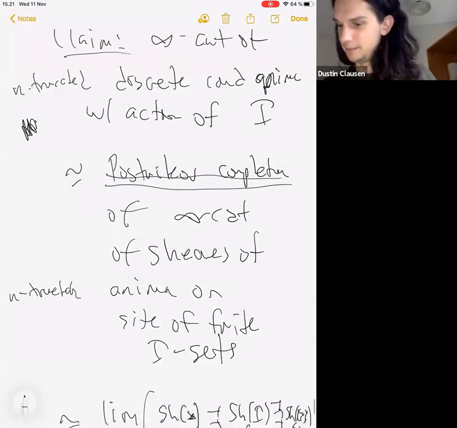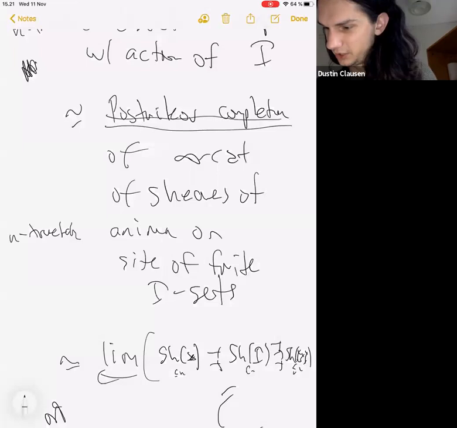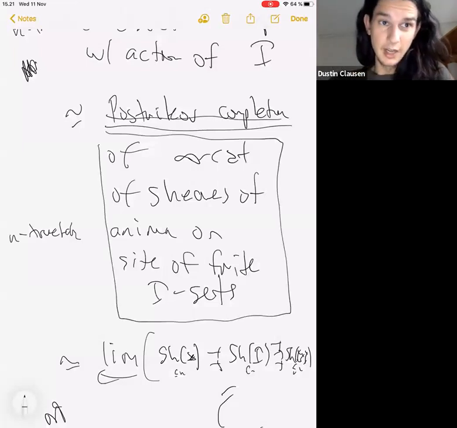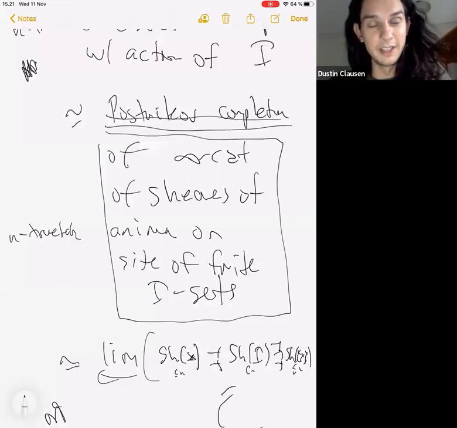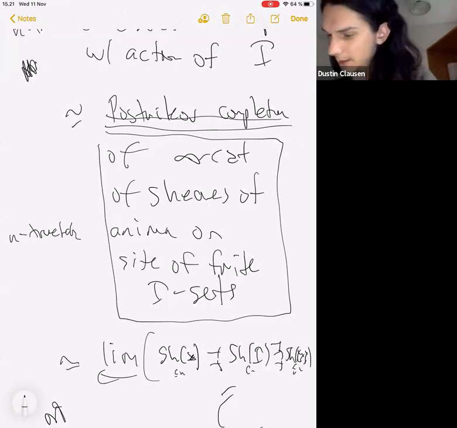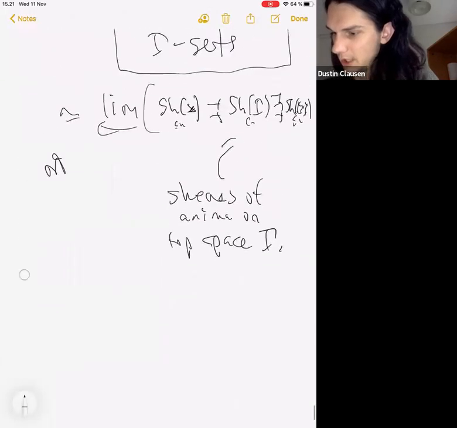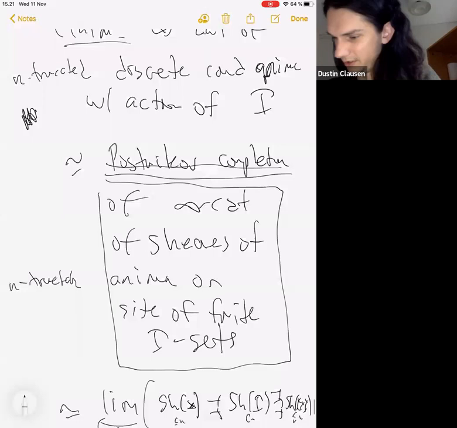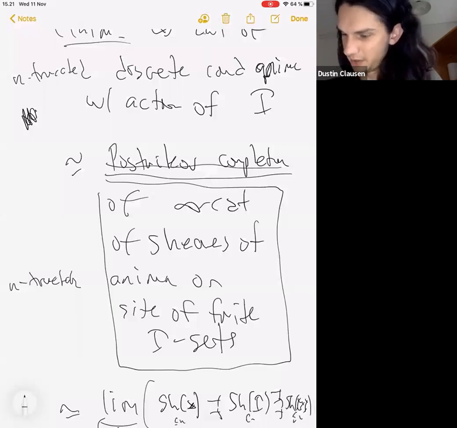On the other hand, in this middle option, the sheaves on the usual site of finite gamma sets, it's very much not the case that giving a sheaf of anima is the same as giving a sheaf of n-truncated anima in a compatible way. So you'd have to formally replace this thing by its Postnikov completion.